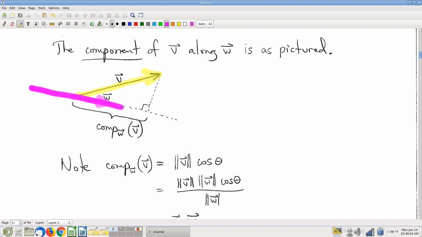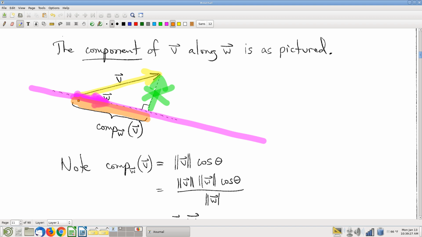So this is the direction along which I'm interested in movement, and I don't really care about how much this vector points somewhat that way. I'm not interested in that direction. I'm interested in this direction here, right? So I want to know what is this length? How far does the vector point in the given indicated direction of interest?